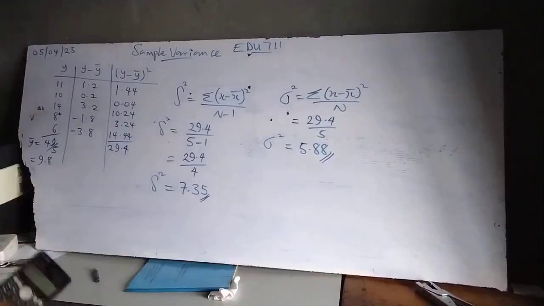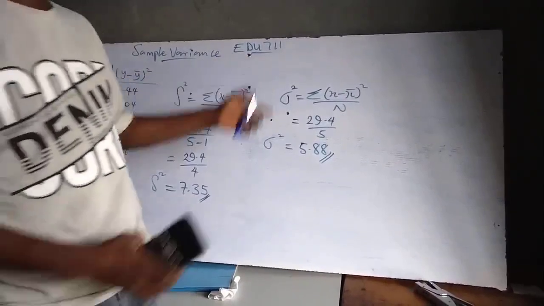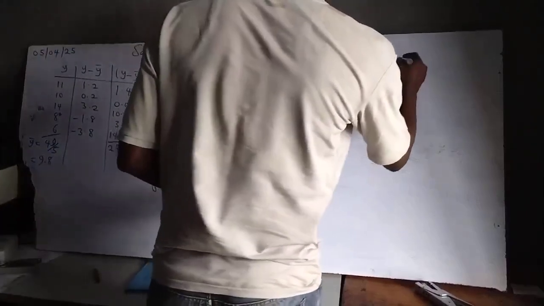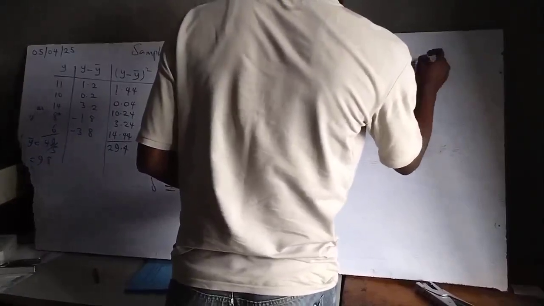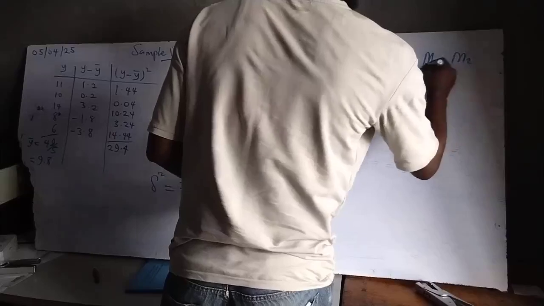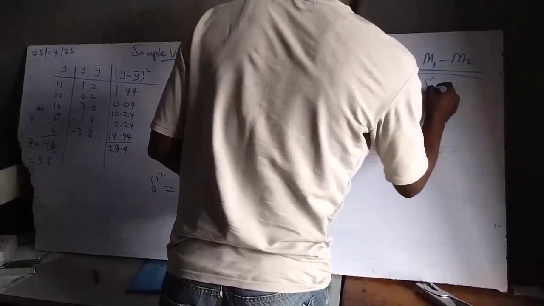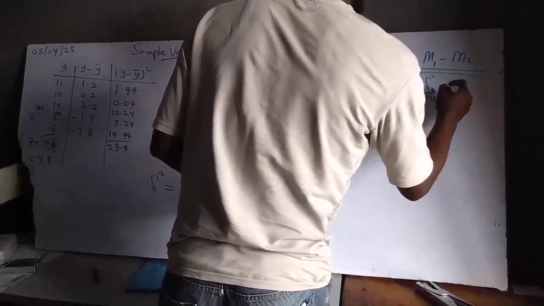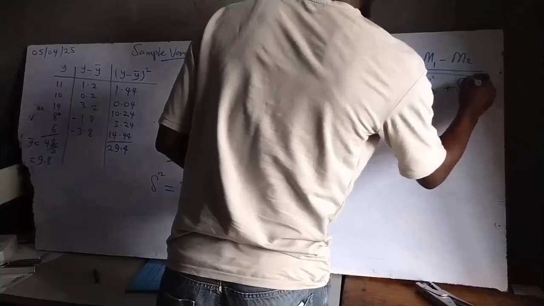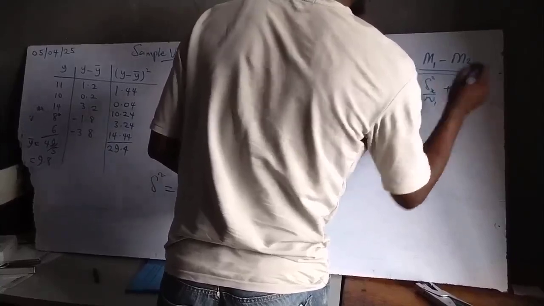Like we said, even when you want to calculate sample variance, or for example our t-test, t-cal is written as m1 minus m2 divided by the square root of s squared of x over n plus s squared of y over n. This is n1, this is n2.